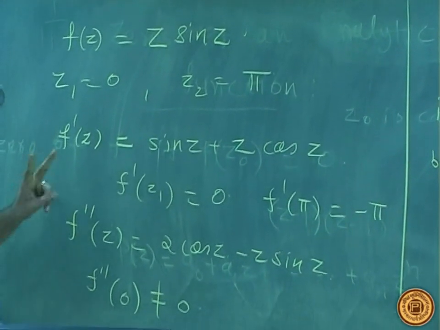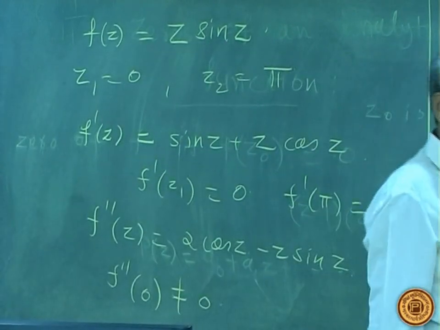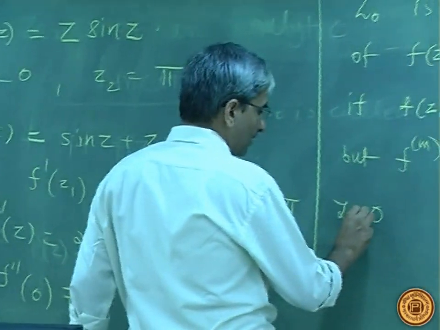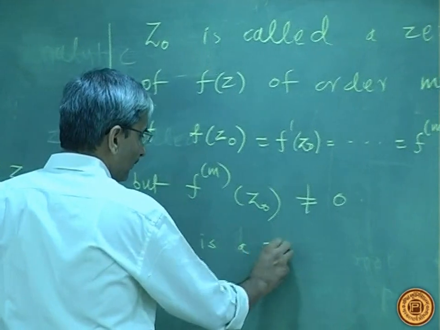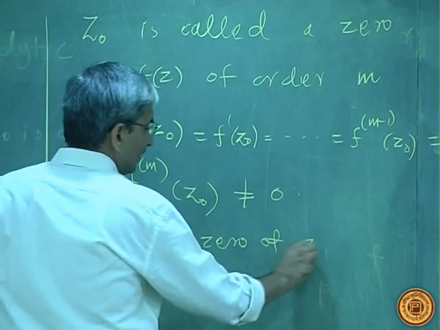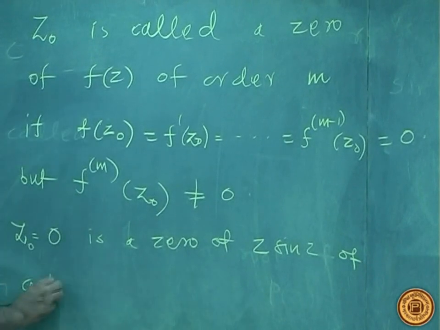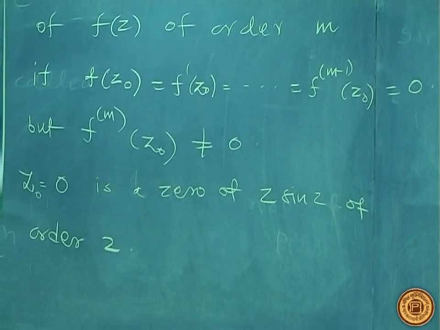So it is a zero of order 2, so m is 2 in that example. So z naught equal to 0 is a zero of z sin z of order 2. Now we come to know how to decide the order of the zero, alright.